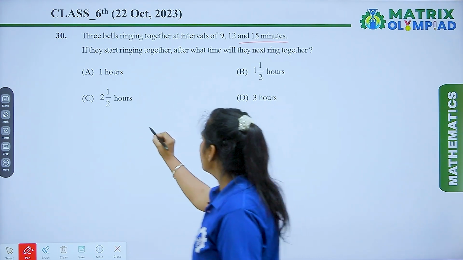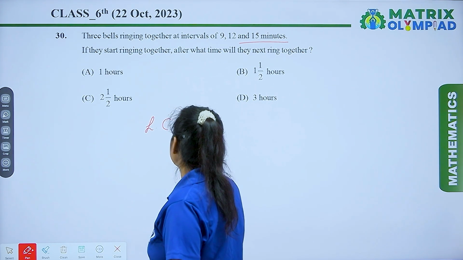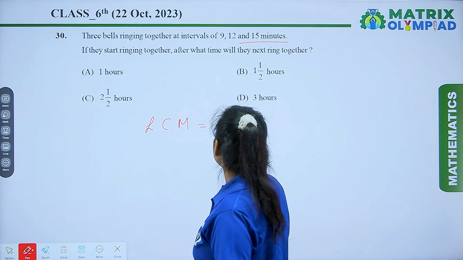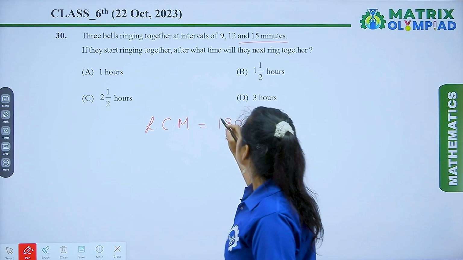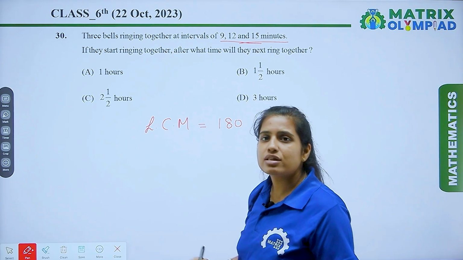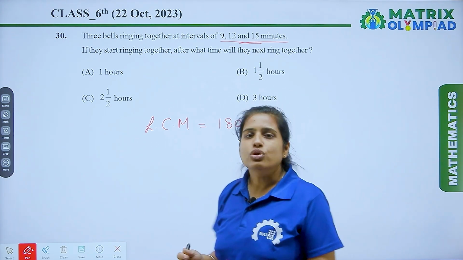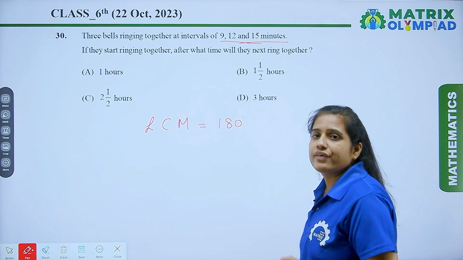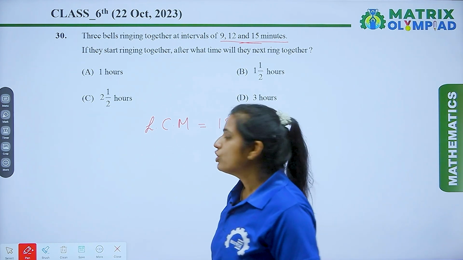Let's find the LCM of these 3 numbers first. LCM is equal to 180. So here LCM of 9, 12 and 15 is 180, so the bells ring together after 180 minutes.